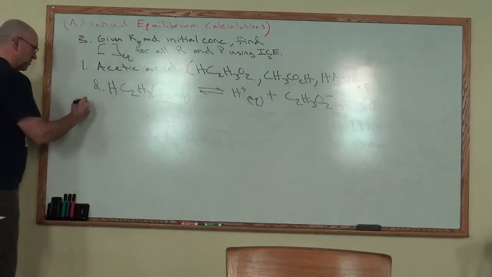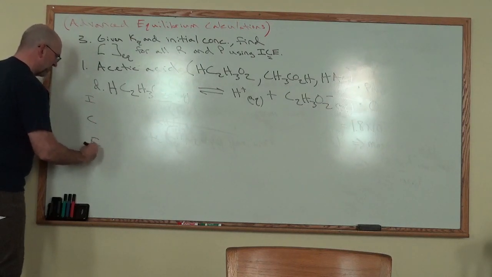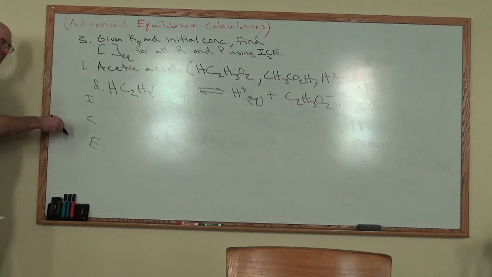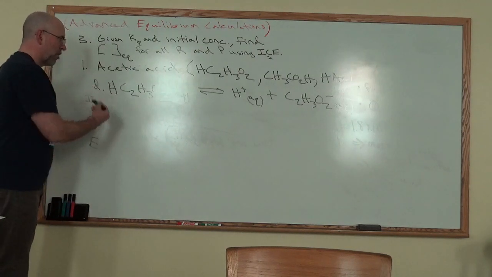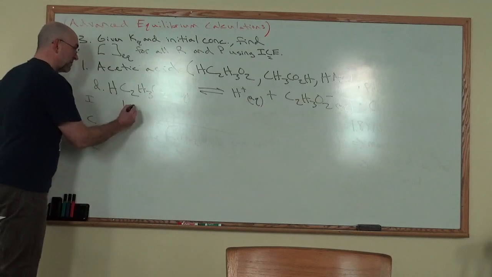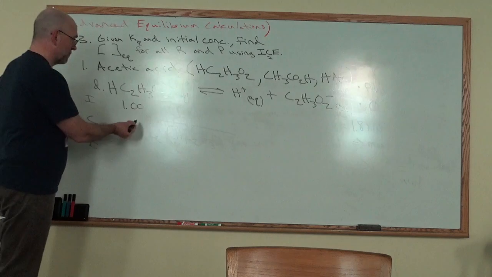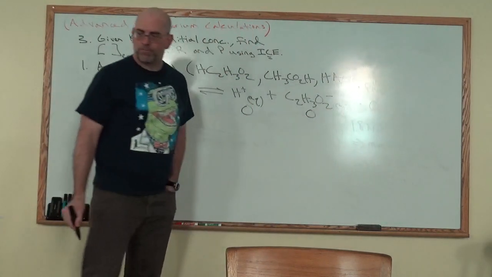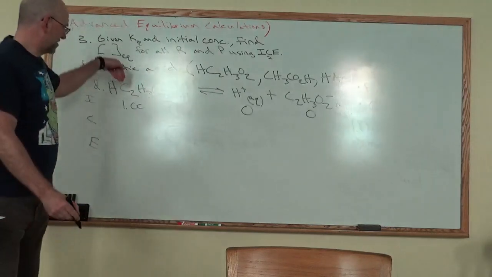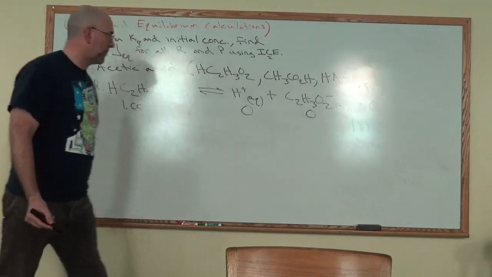Okay, so we do our initial, change, equilibrium, and keep in mind all these are molarities. I don't want to have to keep writing molarity. They're always molarities. And in this particular problem, we're keeping it simple, so we keep the math simple. Start off with 1 molar of this. The initial here is 0. Fine. Well, this is going to have to go down by some amount, and these two are going to have to go up by the same amount.